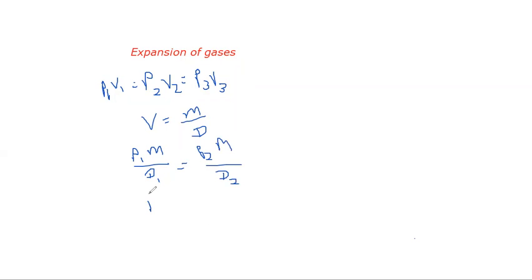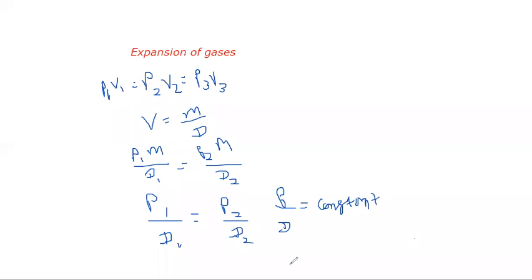So from here we can write P1 by d1 is equal to P2 by d2, or we can write P by d is constant, which means pressure by density of a gas at a constant temperature is constant.